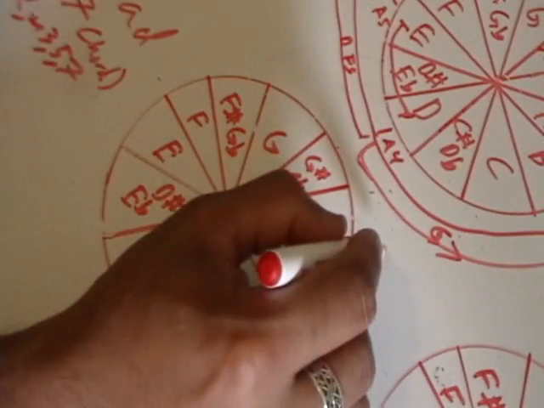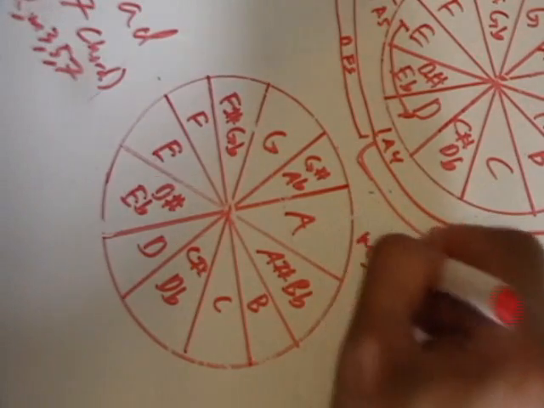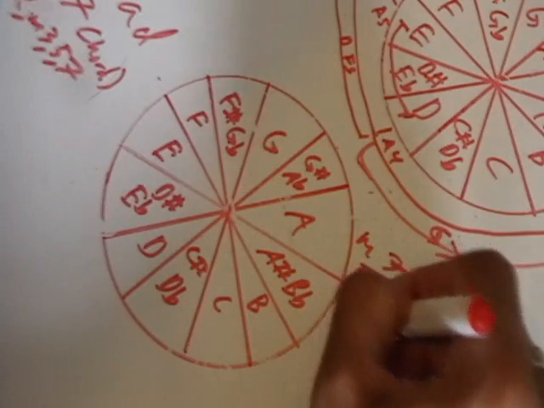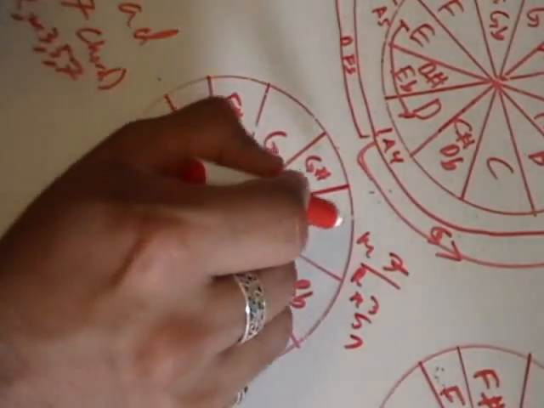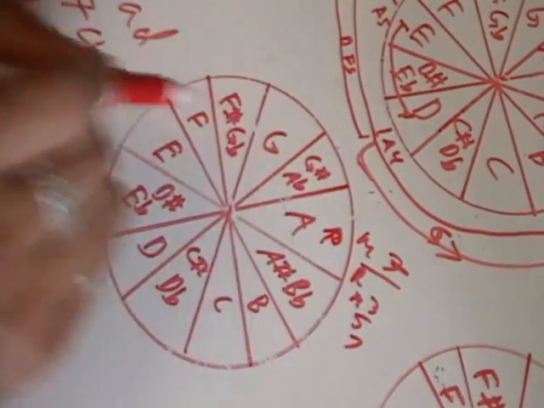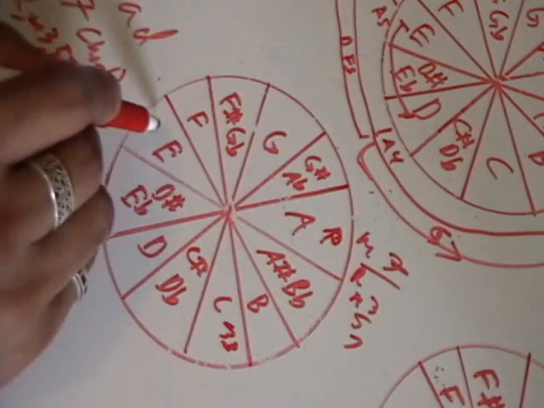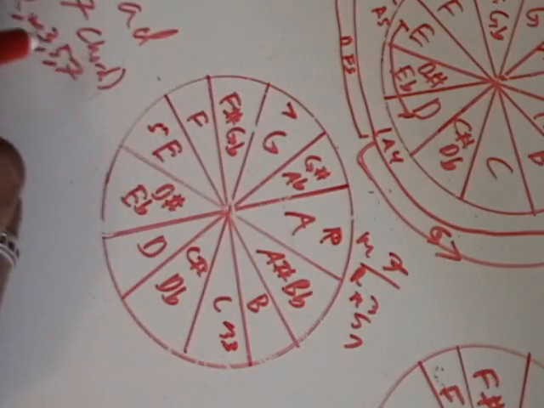Let me write that where you can see it. Which is the root, the minor 3rd, the 5th, and the dominant 7th. So going again with A as our example, we'll take our root as A, our minor 3rd is going to be C, our 5th is going to be E, and our dominant 7th is going to be G.